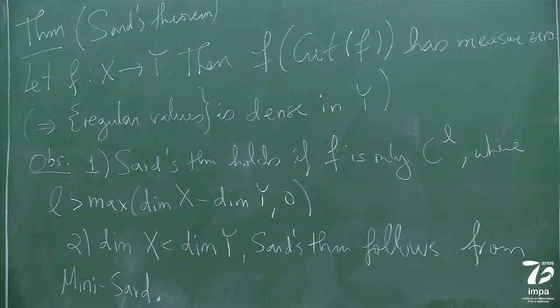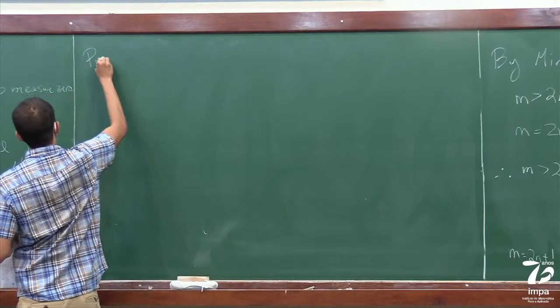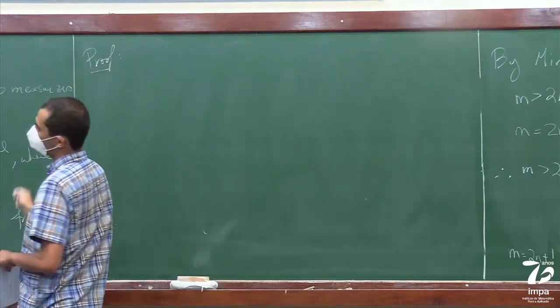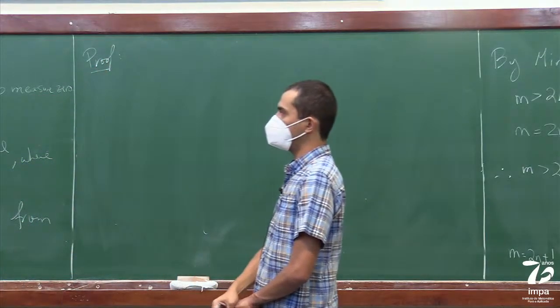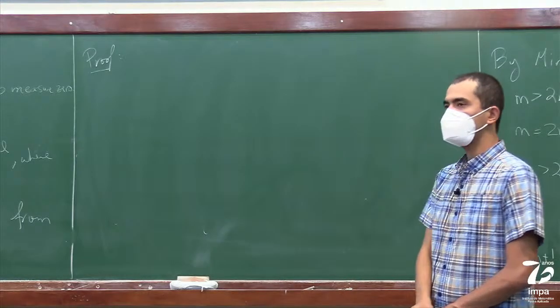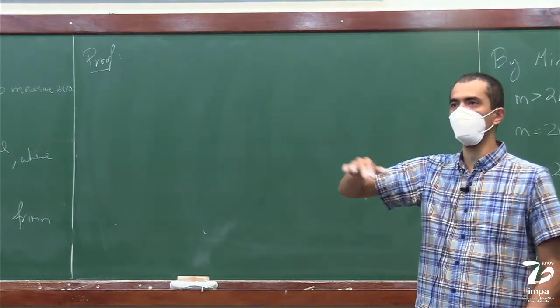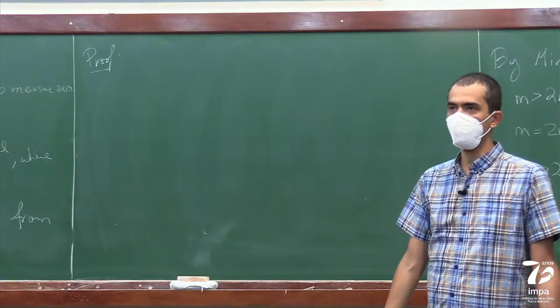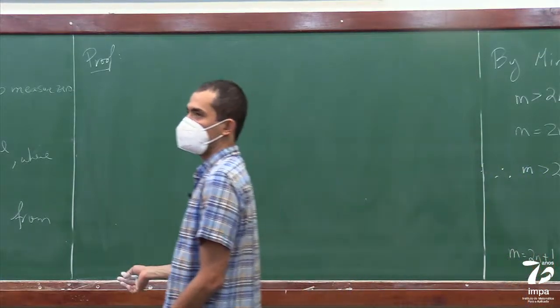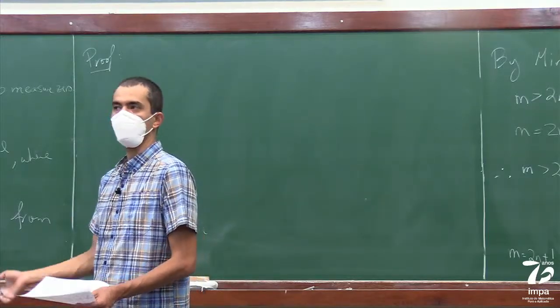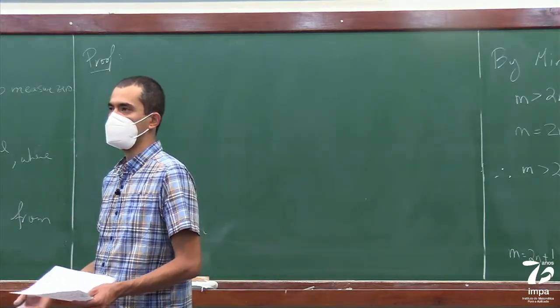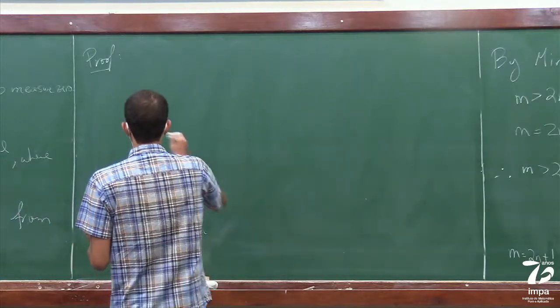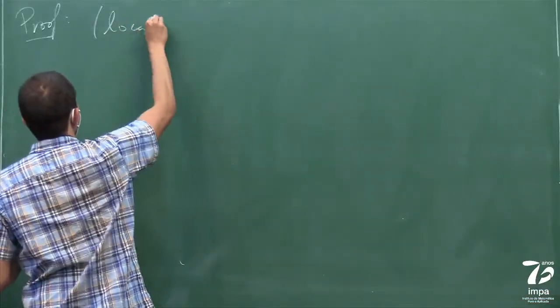Okay, so now we can prove Sard's theorem. And as usual, for this class, you can cover X with a countable number of open sets that are all contained in a chart. So really, the theorem that we need to prove is local. So we just need to prove Sard's theorem for functions of Euclidean space, a local version.